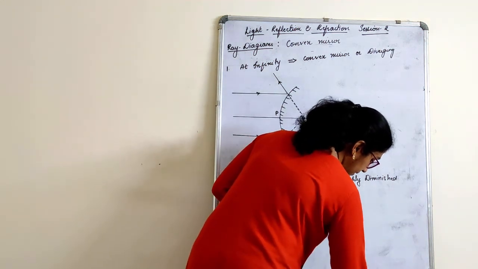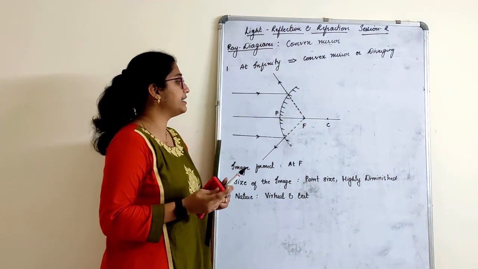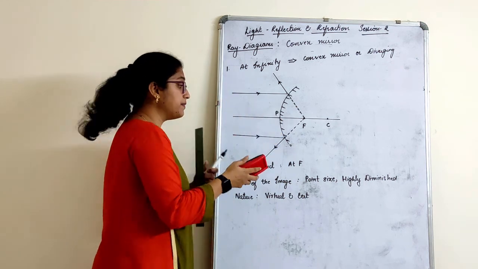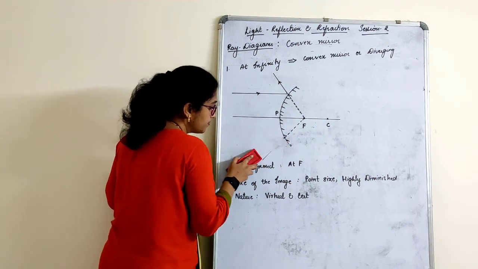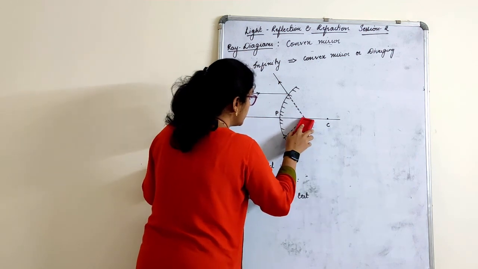Okay. Now the next one what we have to see here is the object is kept somewhere between the pole and infinity. This is the pole and somewhere between pole and infinity. So let me just rub only these things.